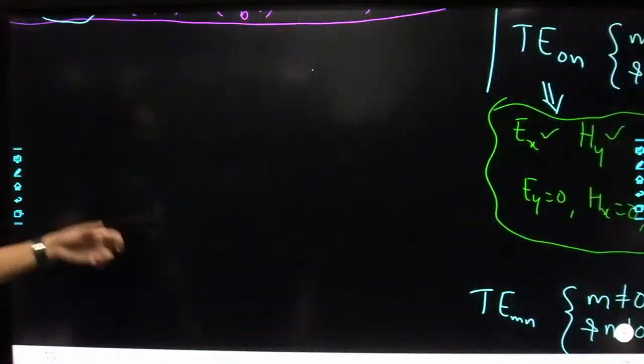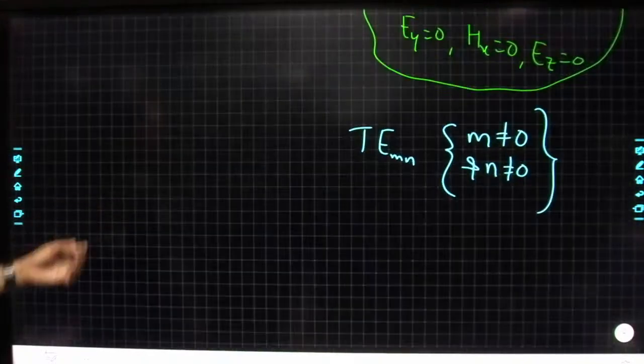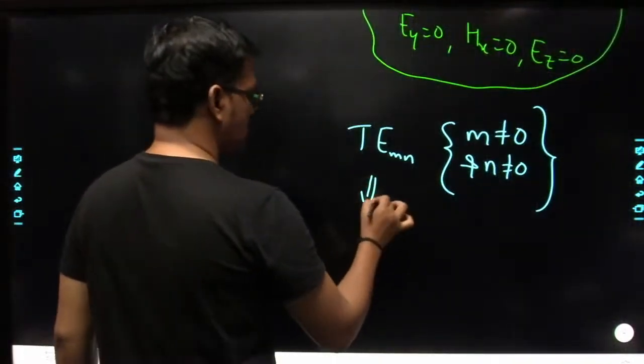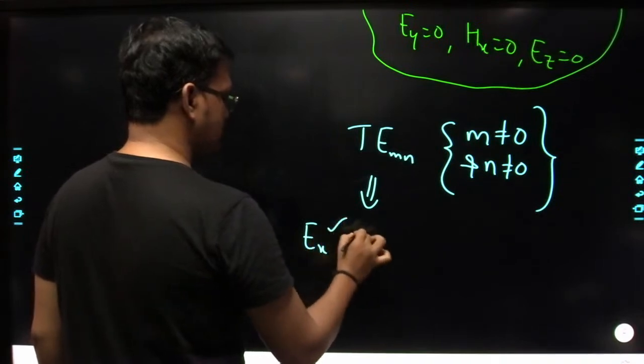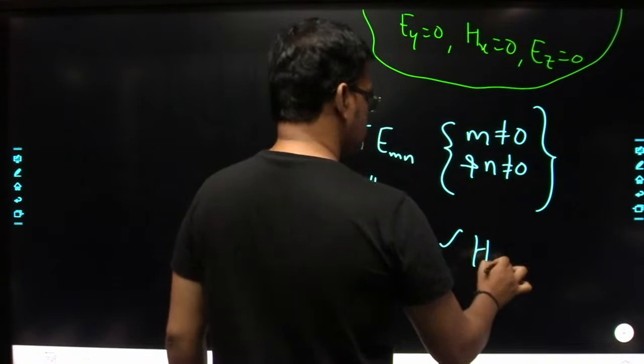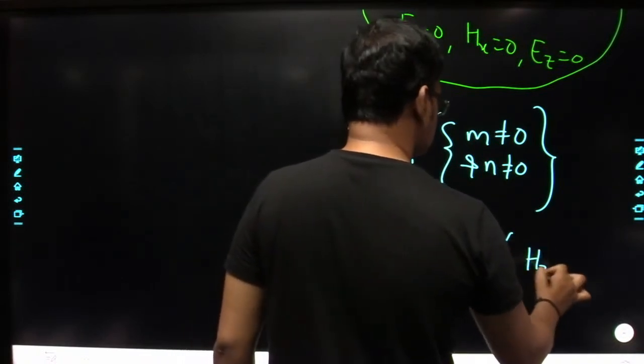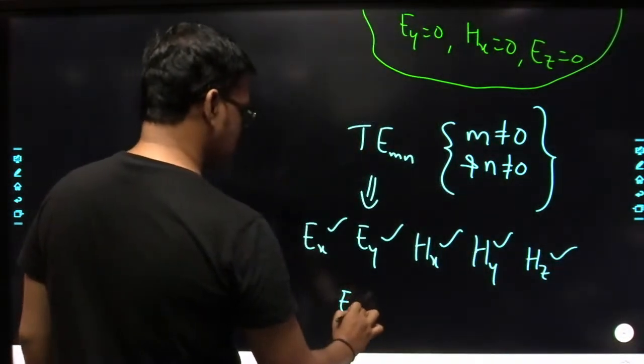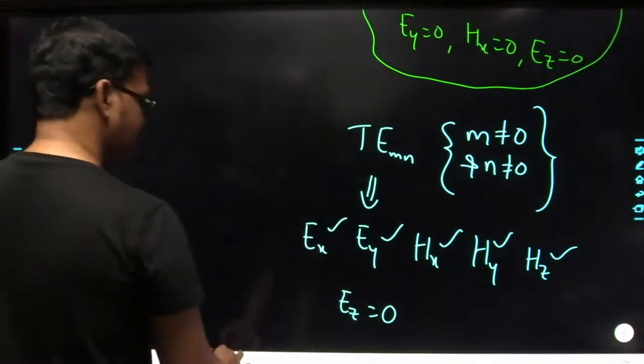Except Ez, all the other field components are going to exist for TE Mn. So Ex is going to exist, Ey is going to exist, Hx is going to exist, Hy is going to exist, Hz is also going to exist. Only Ez will become equal to 0, right?